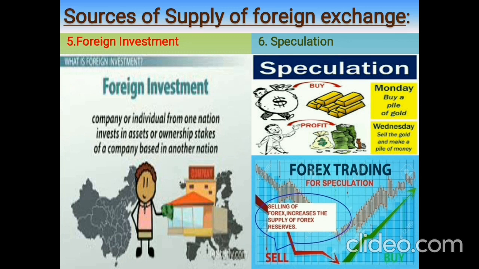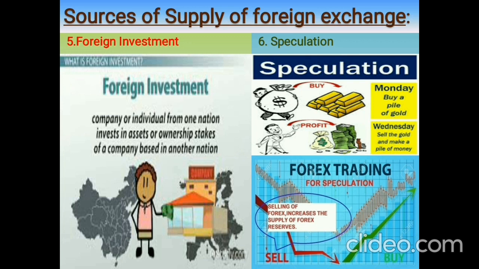For example, foreign direct investment. We can take the example of Best Price. Best Price is a subsidiary of the Walmart company, which is situated in the USA, which invested in India. The investment done by these types of companies comes in foreign exchange, becoming a part of our foreign exchange supply.